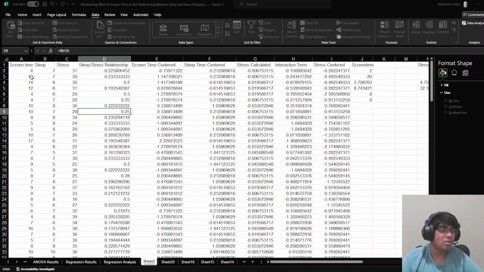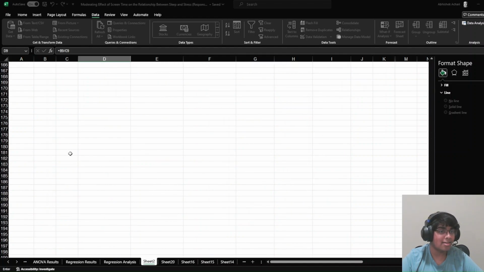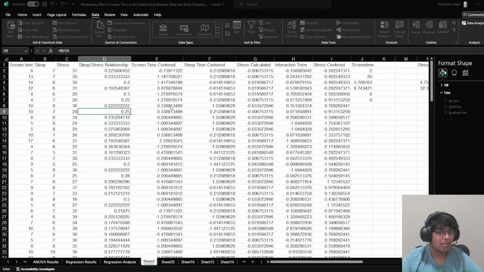We'll take all variables from A1 to, at the bottom here, I scrolled a bit too far, C153. So we'll put in A1 to C153. Again, click Labels so that it doesn't get confused by the text in A1, B1, and C1. Choose an alpha of 0.05, which is the scientific standard. And we'll create a new worksheet over here.